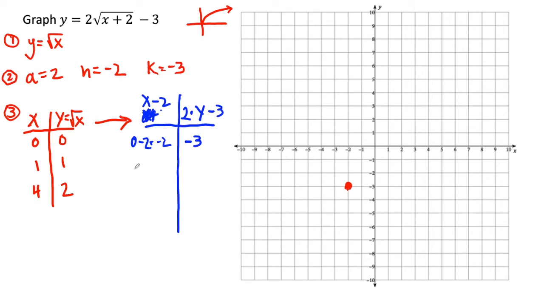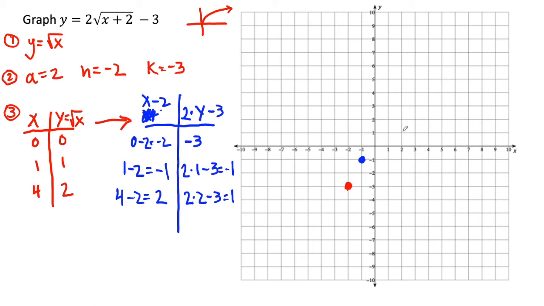When I plug in a 1, I have 1 minus 2 is negative 1. And then when I plug in a 1 for y, I get 2 times 1 minus 3, which is also negative 1. And so we have a point at negative 1, negative 1. And if I plug in 4, 2, if I plug in 4 for x, 4 minus 2 is 2. When I plug in a 2, 2 times 2 minus 3 gives me a positive 1.